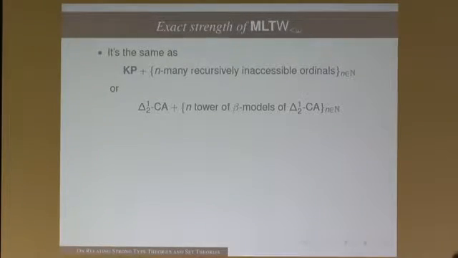One way is saying this is of the same strength as Kripke-Platek plus n many recursively inaccessible ordinals. Or another way is by saying, well, this is some base theory plus there's an n tower of beta models of delta 1-2 comprehension, where n varies over the naturals. So that's the strength of the full theory.